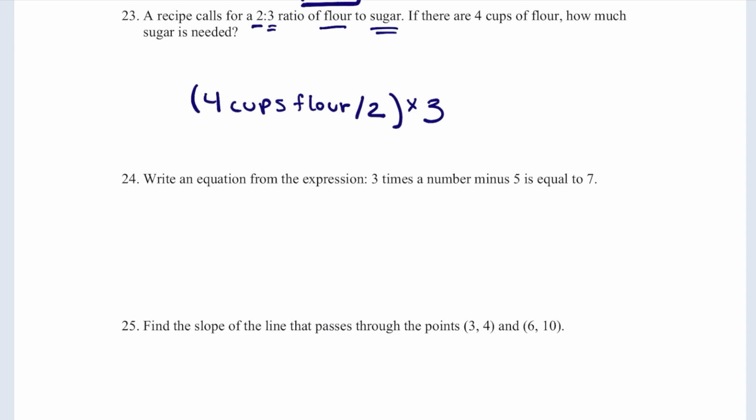So we have to remember, for every 2 cups of flour, there are 3 cups of sugar. So 4 divided by 2 is going to be 2. And then we're going to multiply that by 3 equals 6. So our answer is going to be 6 cups of sugar.